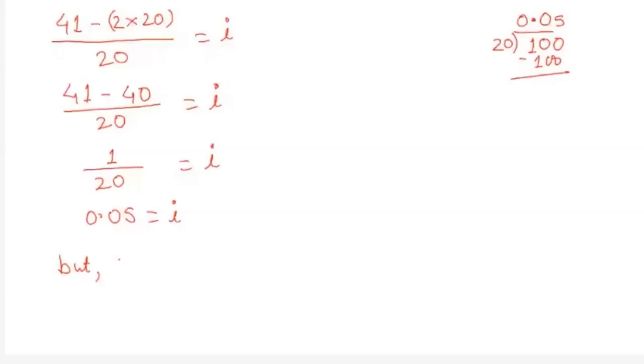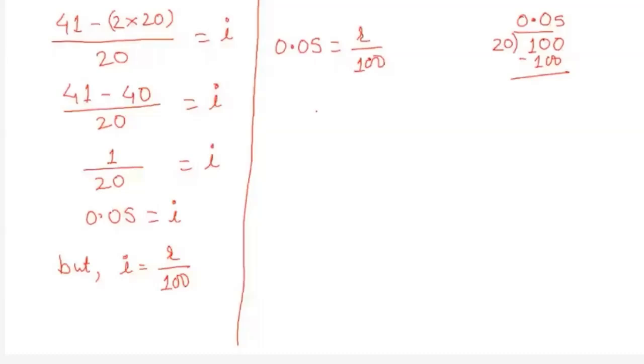But we know that I is equal to R upon 100. I is the interest rate, correct, but I is equal to R upon 100. फॉर्मूला में था ना वो, तो I की वैल्यू कितनी है? 0.05 is equal to R upon 100. 100 इधर जाके क्या हो जाएगा?